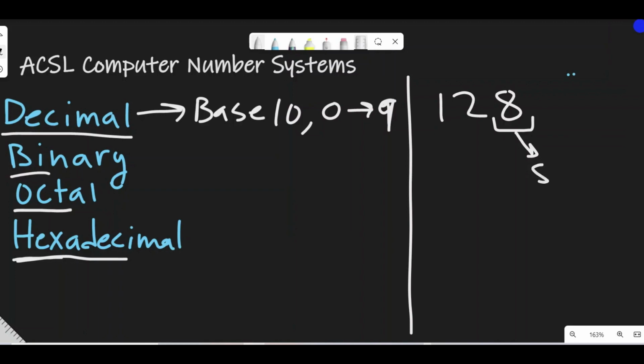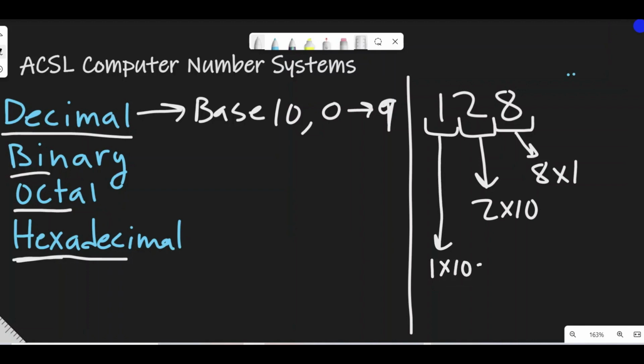So 8 would be in the first or the ones place, so 8 times 1. And then the 2 would be in the tens place, so 2 times 10. And then the 1 would be in the hundreds place, so this would be 1 times 100. Now, if we added all these values up, we would get 100 plus 20 plus 8, which would give you 128.